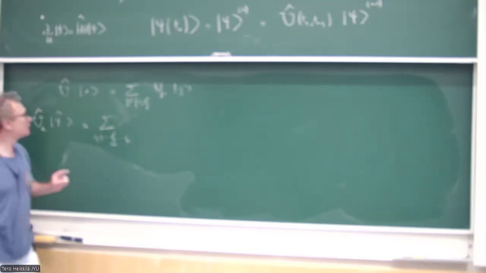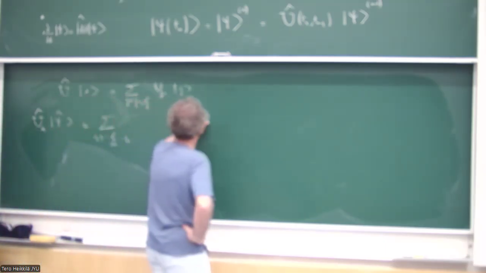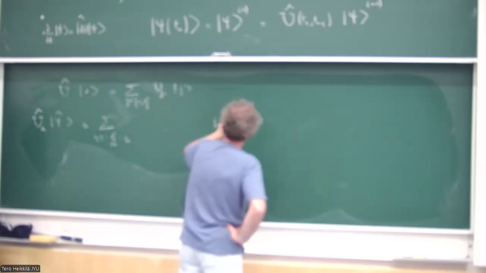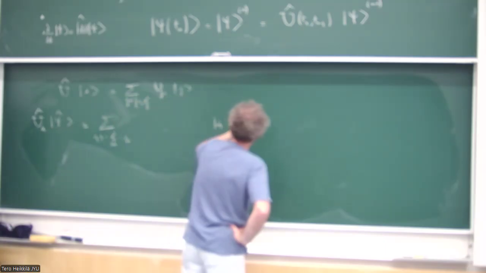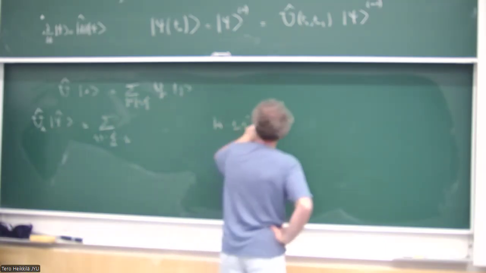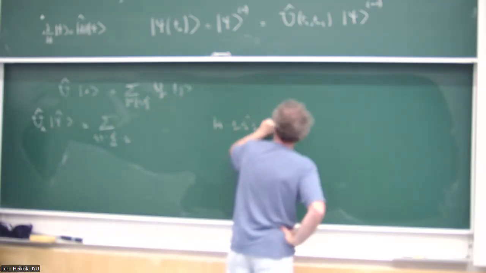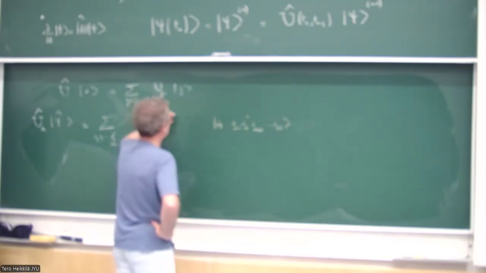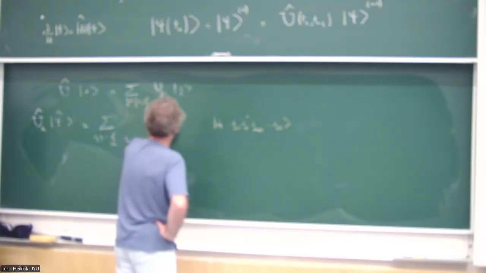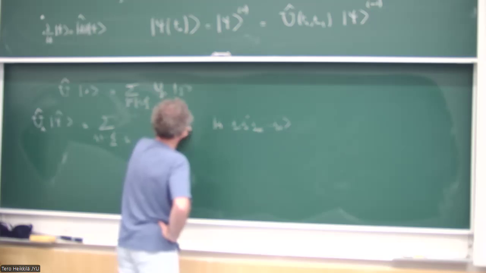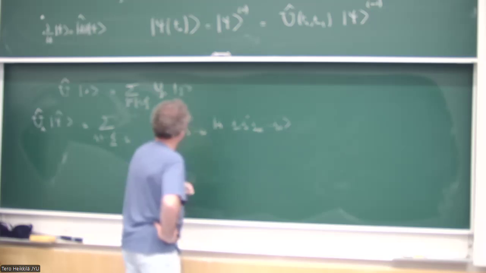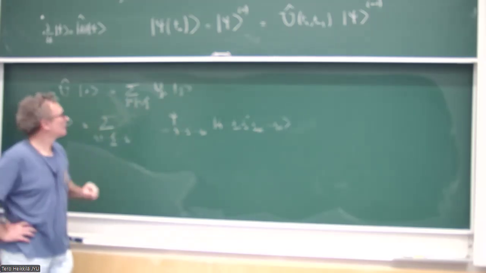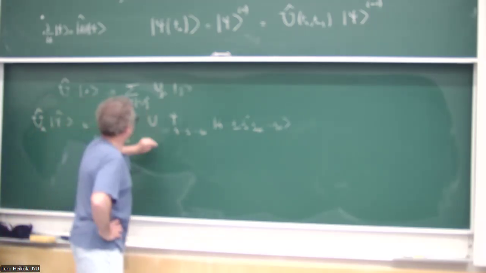Okay, so initially I had I1, I alpha minus 1, I alpha prime, I alpha plus 1, IN, with the corresponding amplitude.